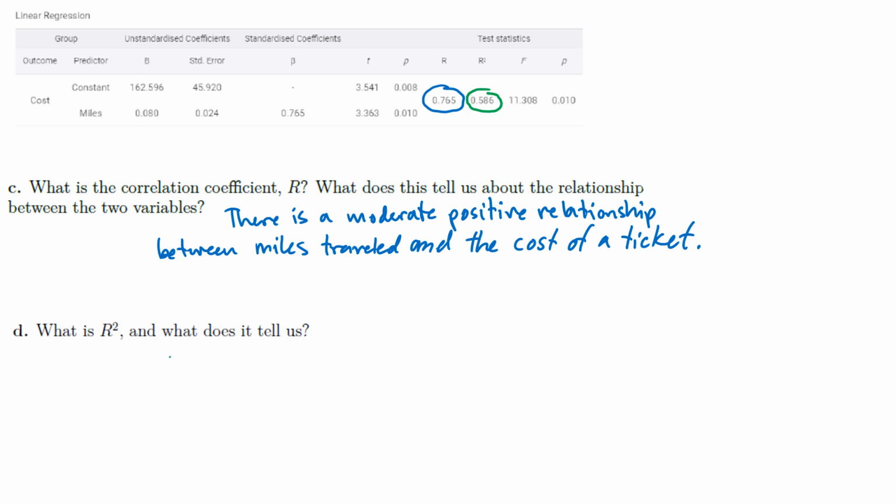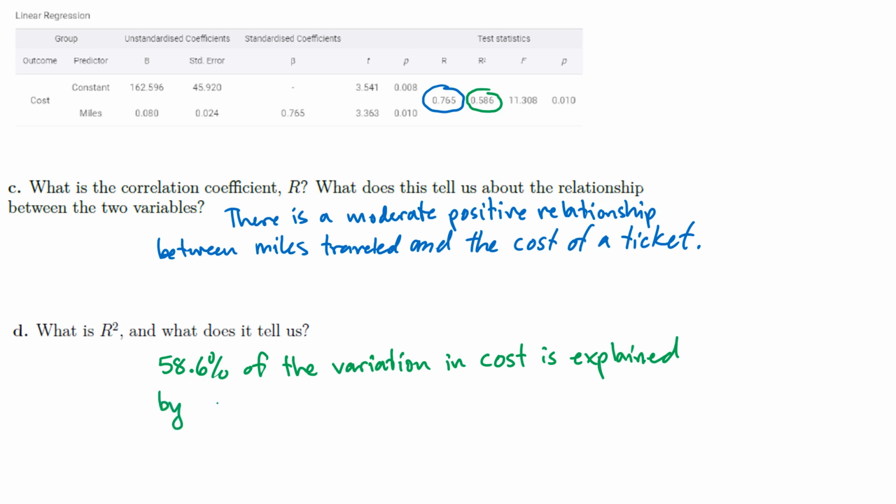So what we would say here is that 58.6% of the variation in cost is explained by the distance traveled.